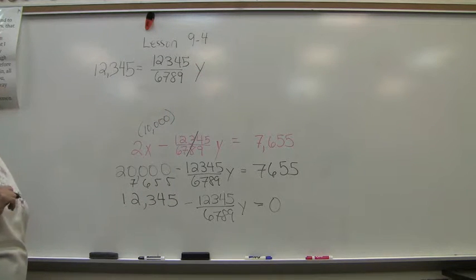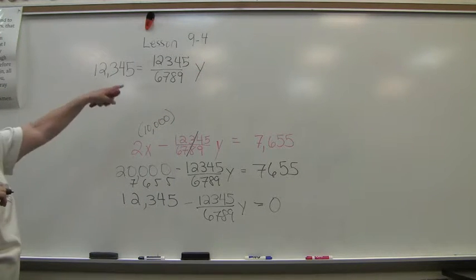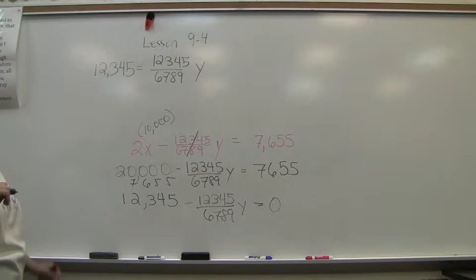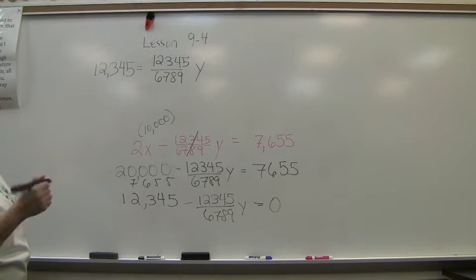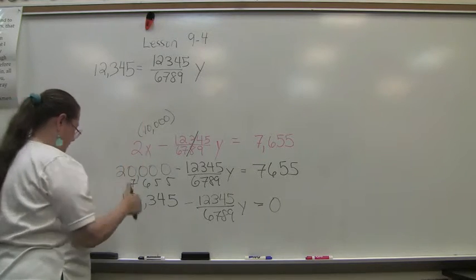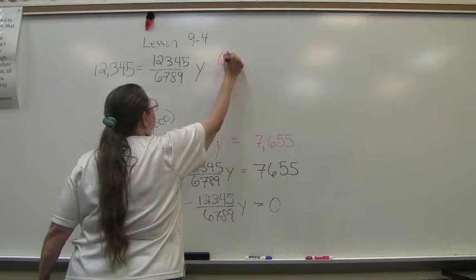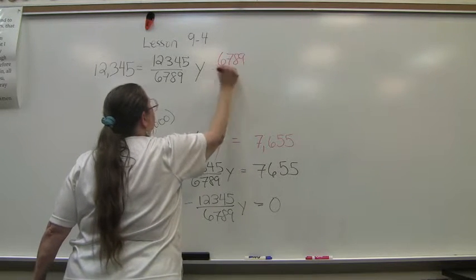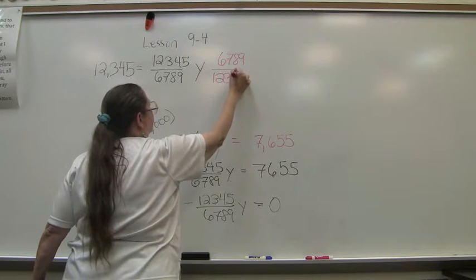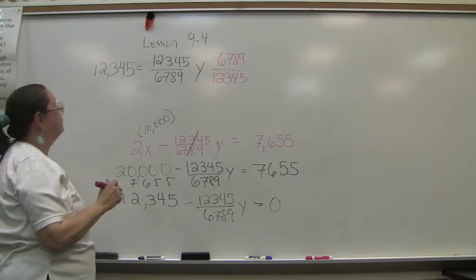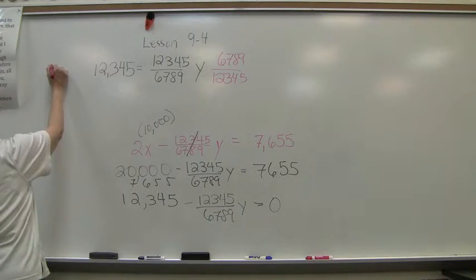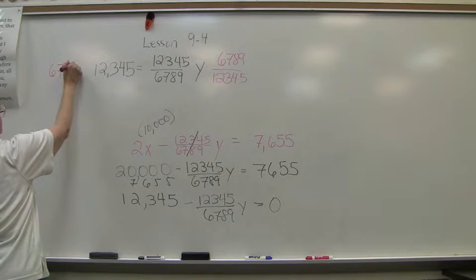Okay? And then to get rid of that fraction in front of the y, I multiply by the reciprocal. Remember? Multiply both sides by the reciprocal of this. There's its reciprocal. And over here, I'm going to multiply by the same thing.